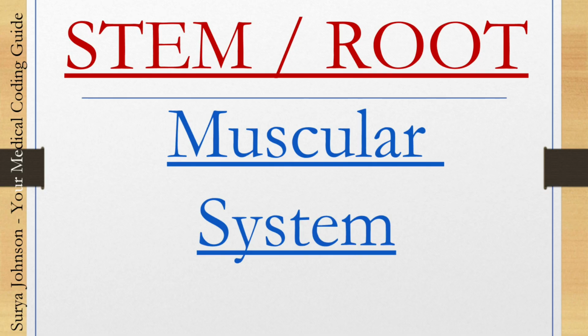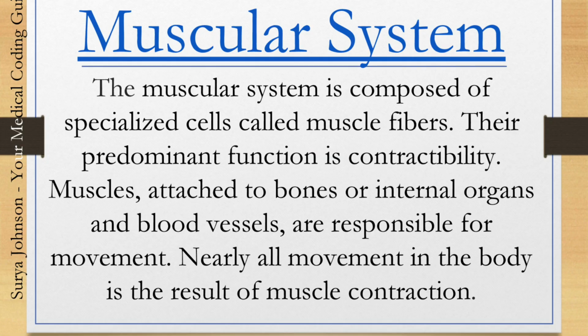So now we will move on to the muscular system. The muscular system is composed of specialized cells called muscle fibers. Their predominant function is contractibility. It can contract. Muscles attached to bones or internal organs and blood vessels are responsible for movement.